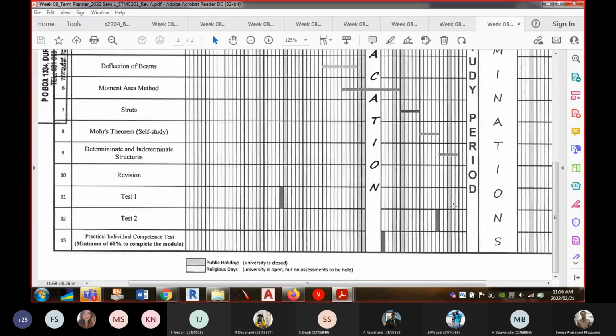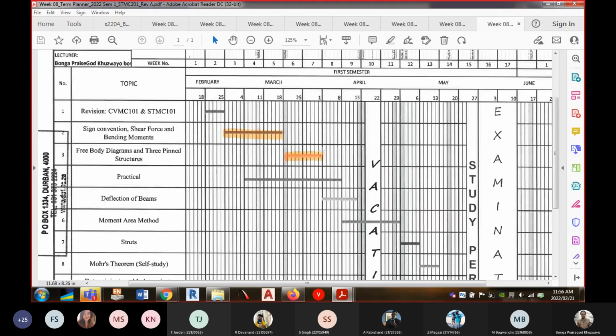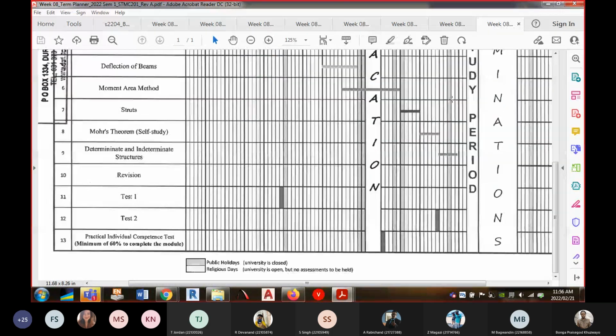You need to make sure that you prepare yourself. Now you can see, like I said, that we have a very, very short semester. If you count the number of weeks, it's 1, 2, 3, 4, 5, 6, 7, 8, 9, 10, 11. We basically have, strictly speaking, just 11 weeks.